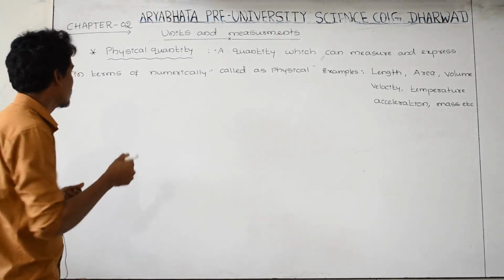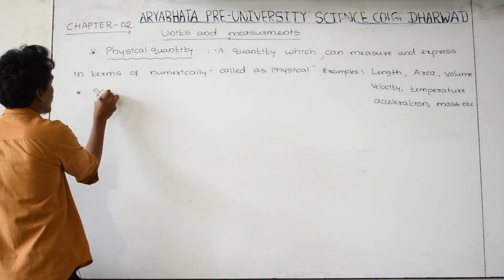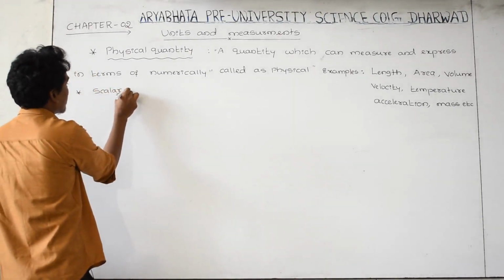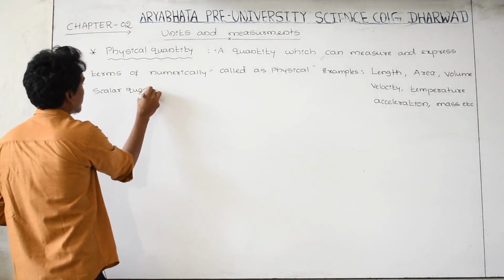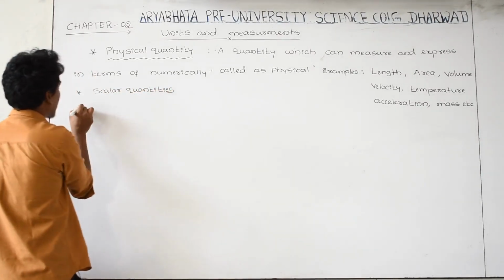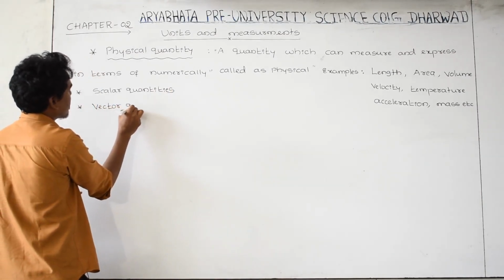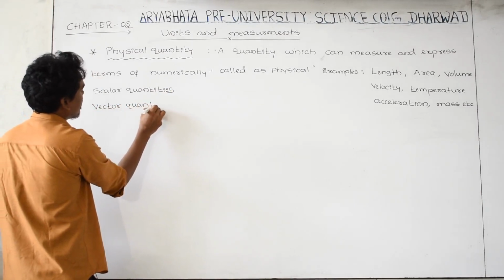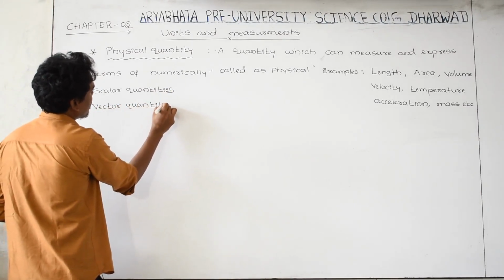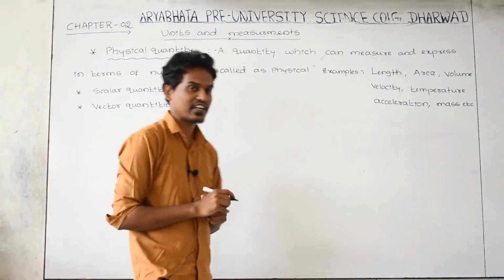And next, the physical quantities we further divide into scalar quantities and vector quantities. Physical quantities can be divided into two types: one is scalar, another is vector quantity.